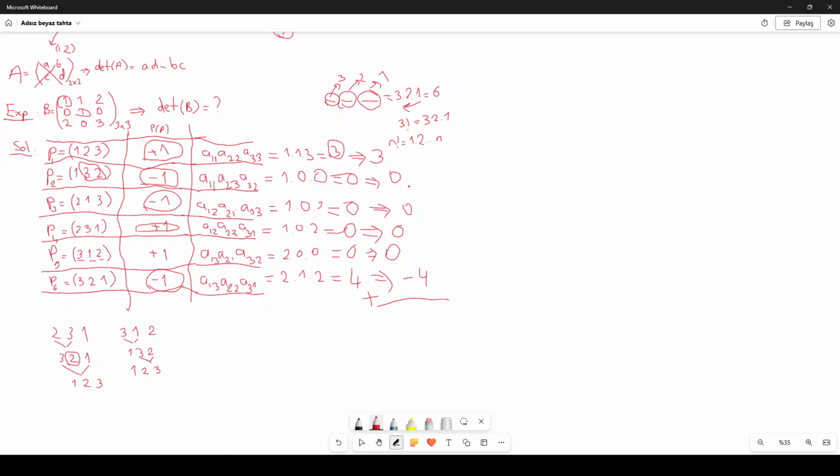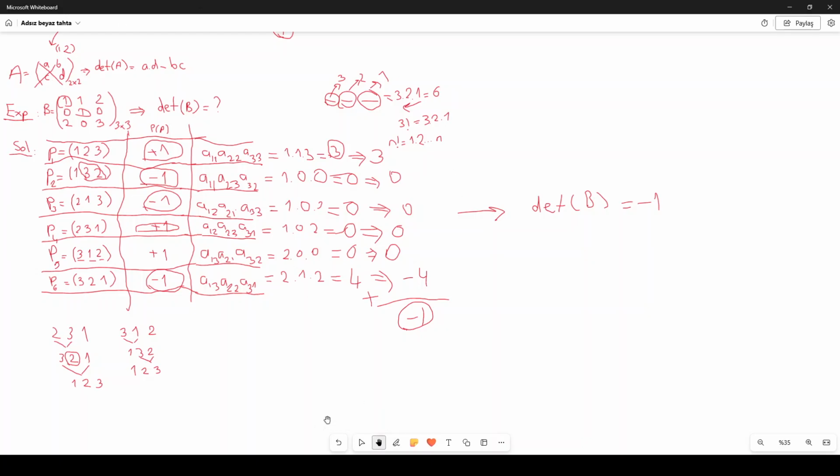So 3 plus 0 plus 0, 0, 0, and minus 4. And we have minus 1 in total. So the determinant of this matrix is equal to minus 1. So our result is determinant B is equal to minus 1. So by using the definition of the determinant, we have found the value of this given square matrix.